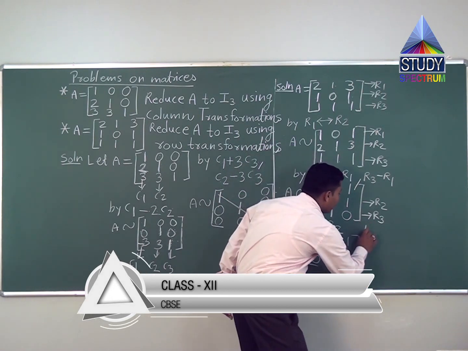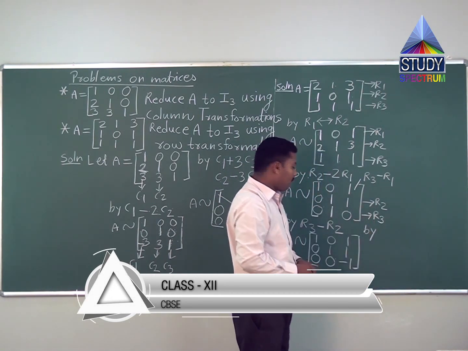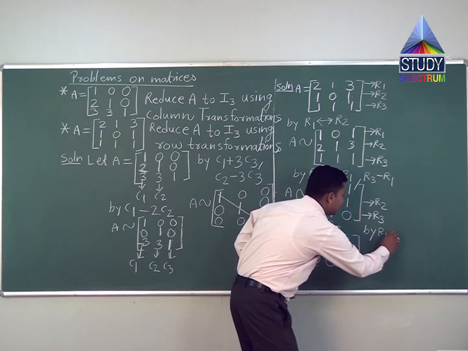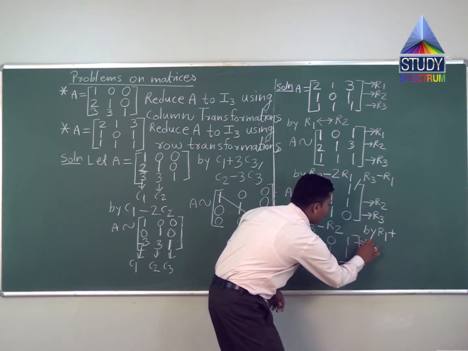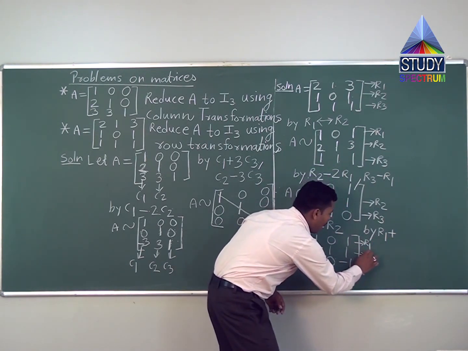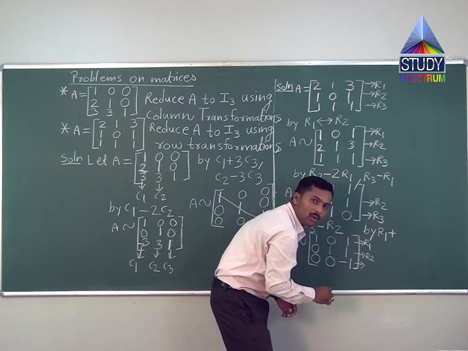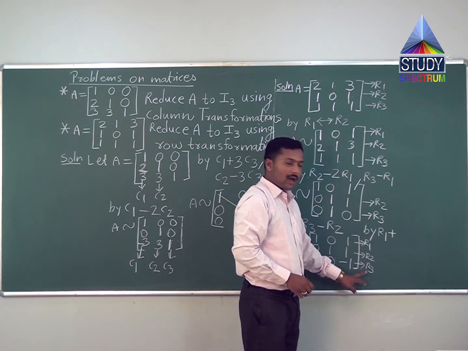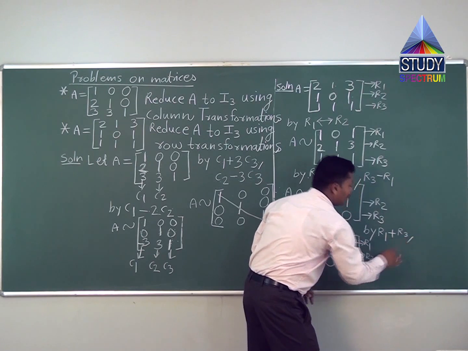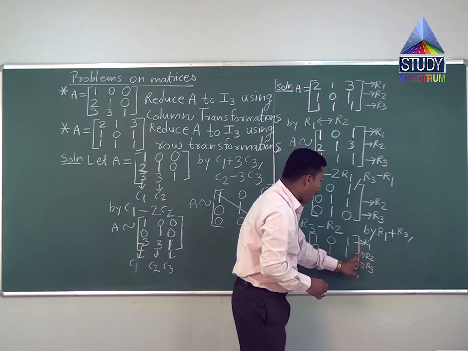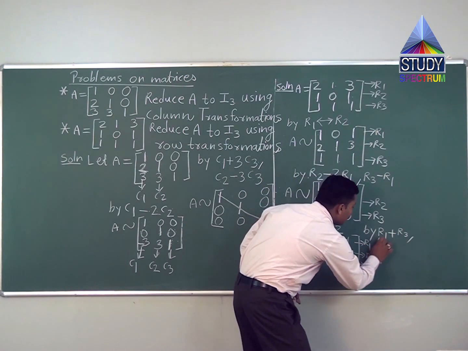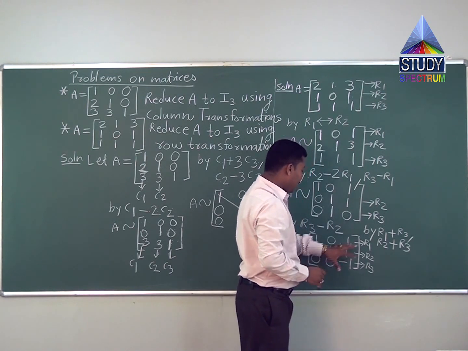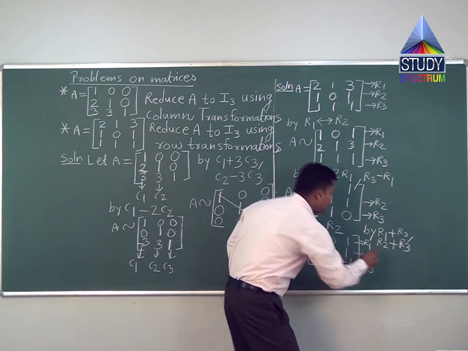Therefore, by R1 plus R3, where this is the first row R1, this is the second row R2, and this is the third row R3, and by R2 plus R3, we get the identity matrix.